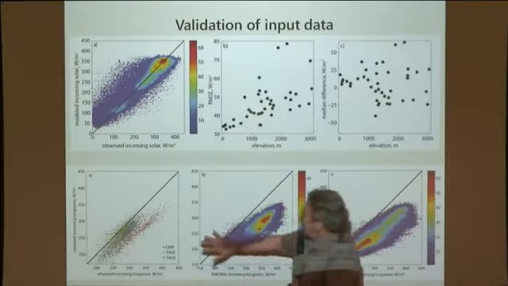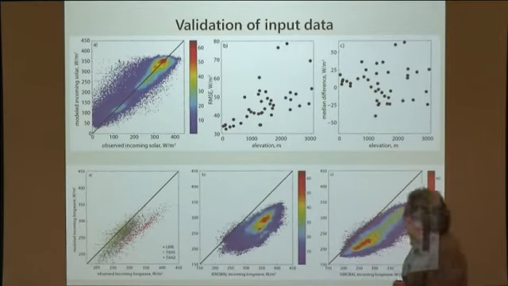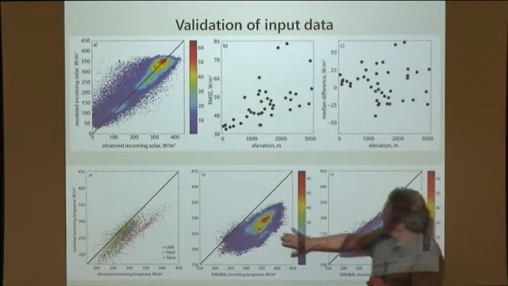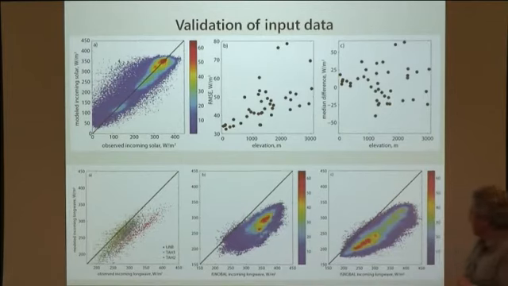So there's issues with temperature compensation of the instrument. So I don't know that this error is entirely in the satellite retrieval. And then similarly, we see a model of that long-wave radiation based on air temperature and humidity.